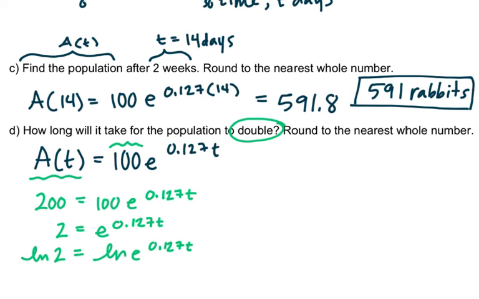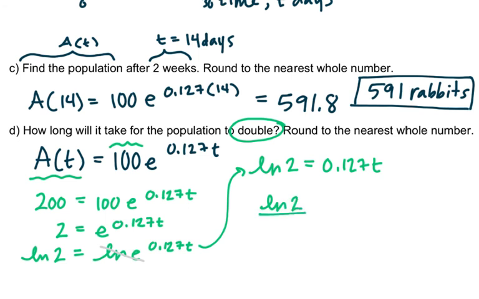So taking the natural log of e is going to cause that to cancel. And now I have the natural log of 2 equals 0.127 t. And I can divide by that value on both sides, and I'm going to end up with natural log of 2 divided by 0.127 equals t.